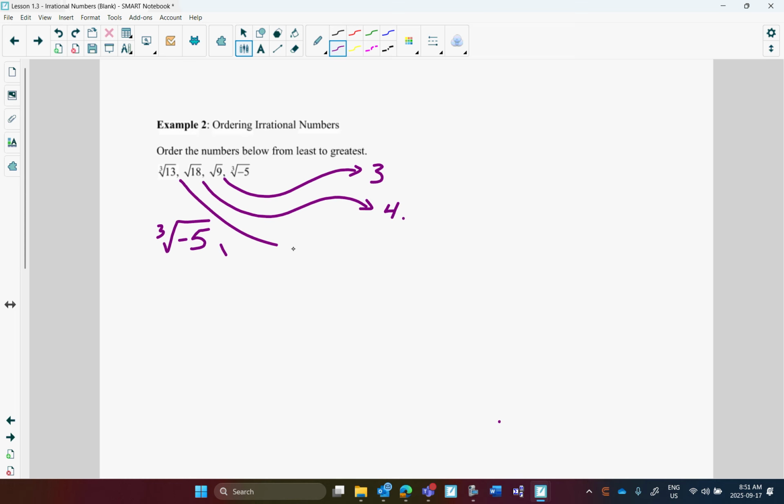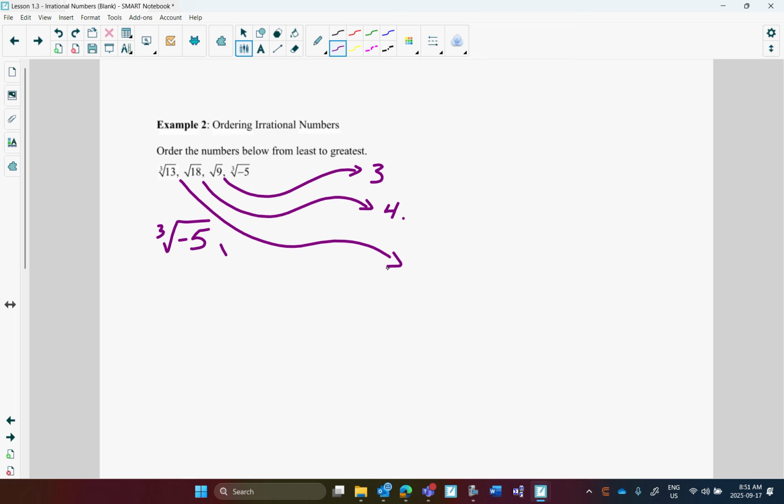Question is this one. Cube root of 13. What perfect cube is close to 13? 10 is not a perfect cube. Okay, think of your perfect cubes. How do you find perfect cubes? 1 times 1 times 1. 2 times 2 times 2.